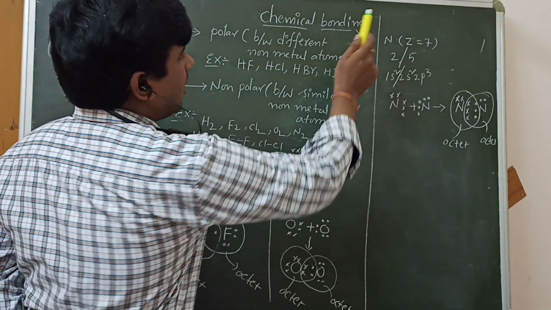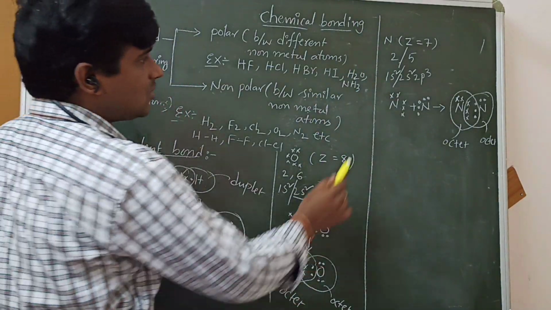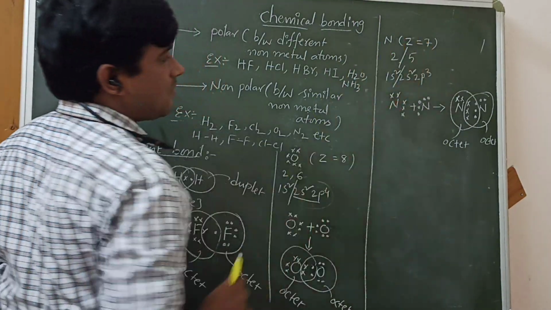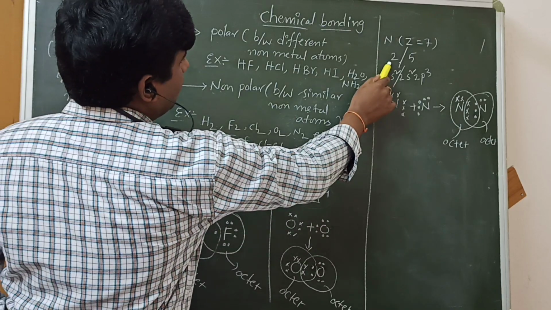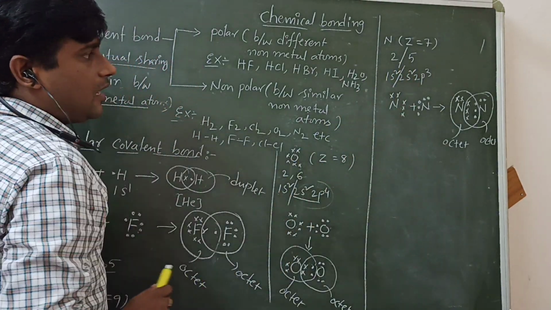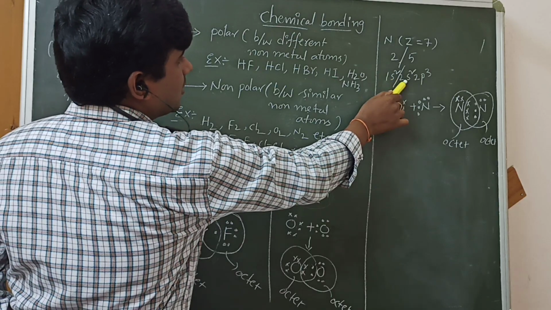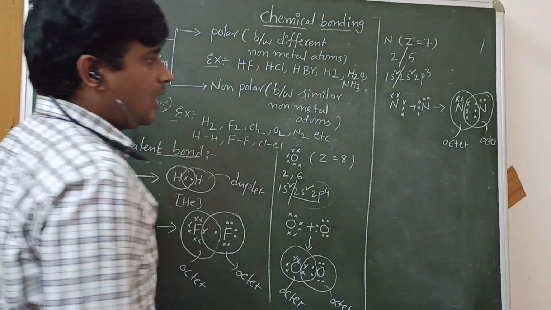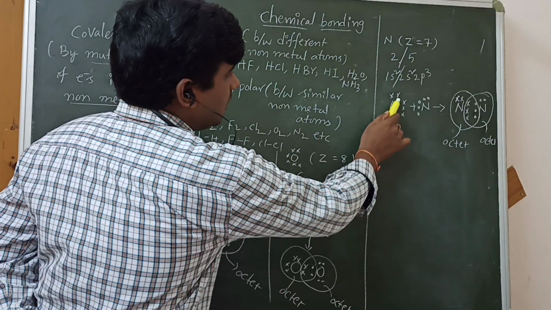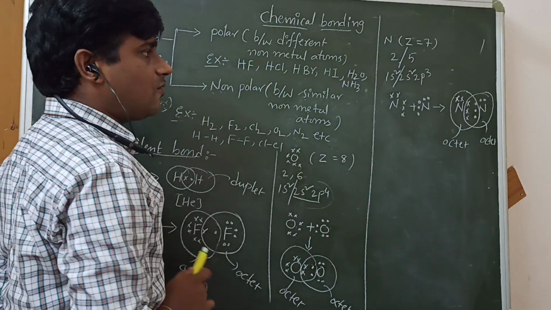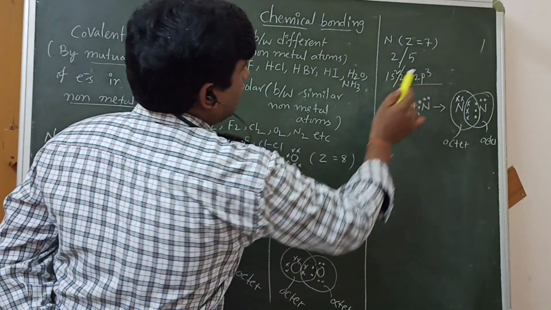In a similar way, if you take the nitrogen atom, the atomic number is 7, the electronic configuration is 2, 5, and in another way, the electronic configuration is 1s2, 2s2, 2p3. For getting octet configuration, octet means 8.